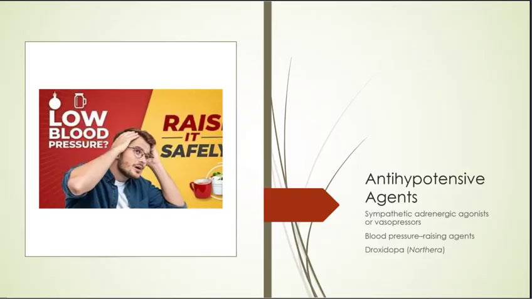These drugs are commonly used for patients who have symptomatic hypotension, meaning that their blood pressure is so low that they develop dizziness, lightheadedness, weakness, or fainting. One example is droxidopa. Droxidopa is converted into norepinephrine in the body, which helps tighten blood vessels and raise blood pressure.